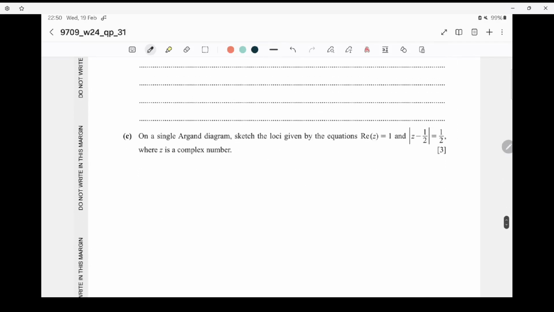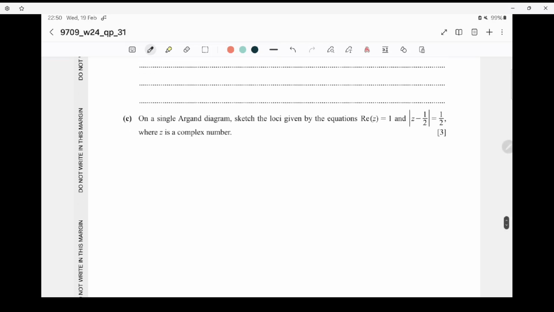On a single Argand diagram, sketch the locus given by the two equations. So this one means that you have a straight line, and in fact it is a vertical line. So this is something like x equals to 1.